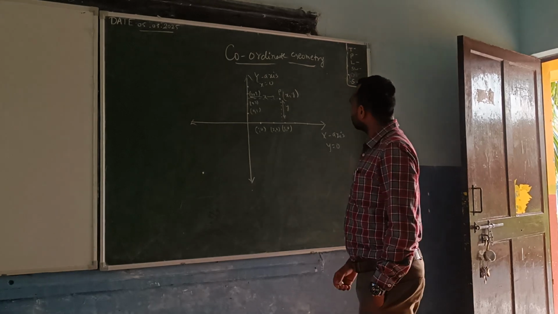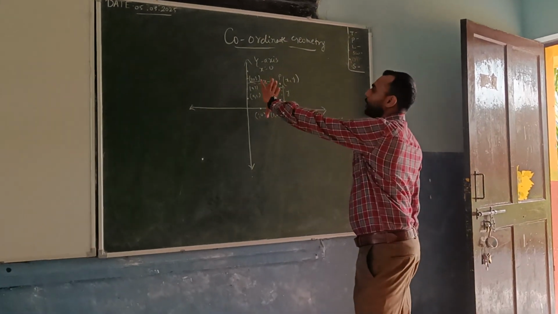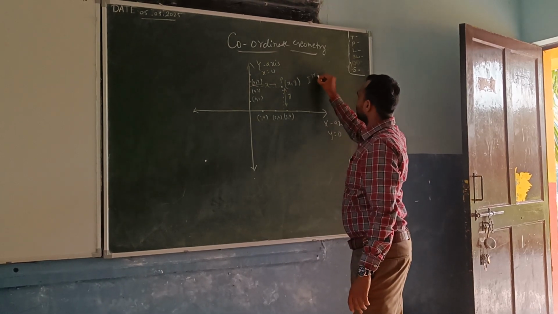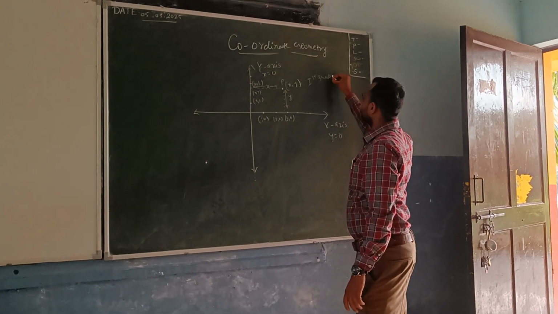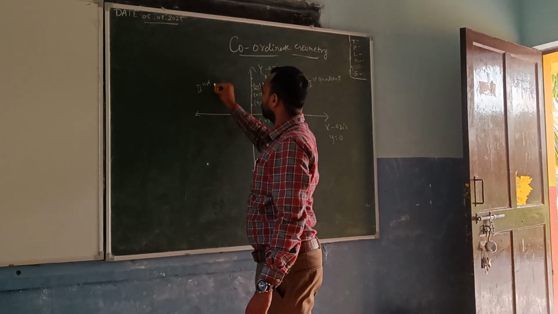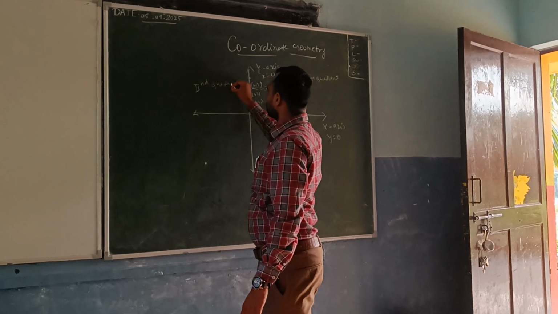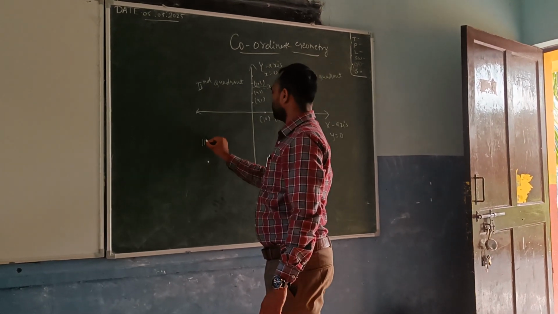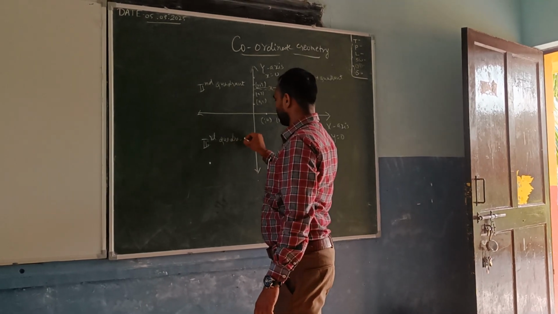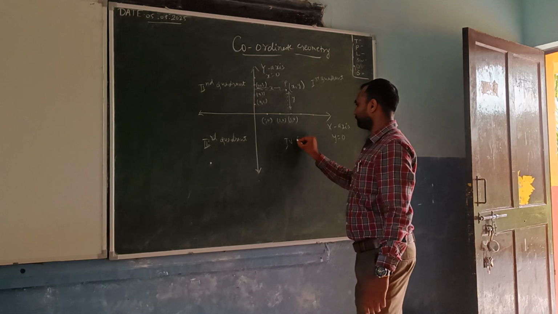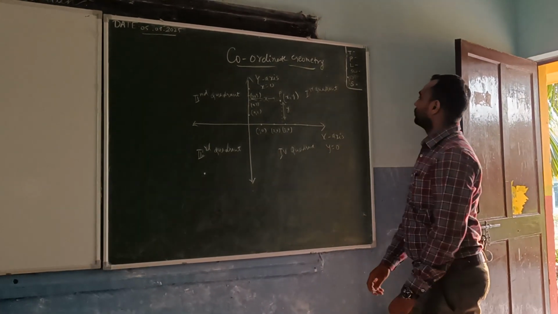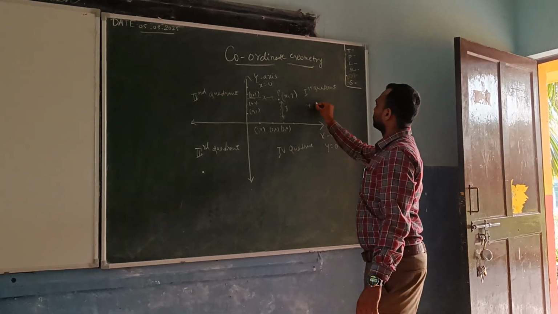Now we also studied that the plane is divided into four quadrants. This one is the first quadrant, this is the second quadrant, this is the third quadrant, and this is the fourth quadrant. The first is taken as plus plus.